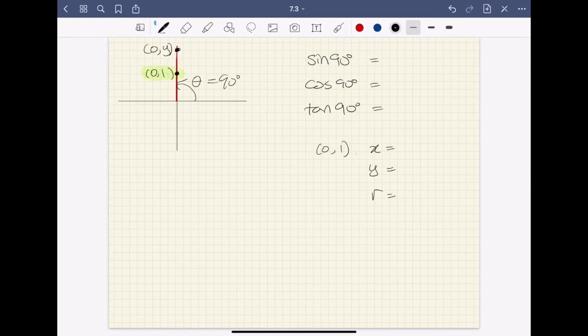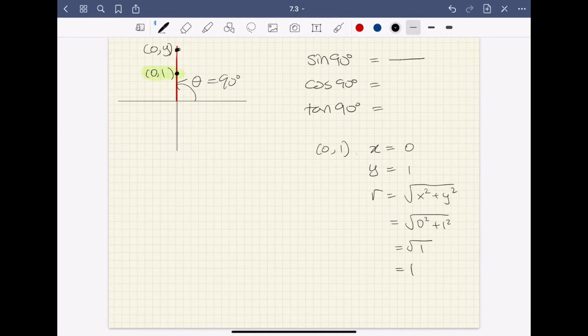So we know x is equal to 0, y is equal to 1, and r is equal to the square root of x squared plus y squared, which is the square root of 0 squared plus 1 squared. So that's the square root of 1, which is 1. And remember that r is always positive, so we don't need to consider the negative 1.